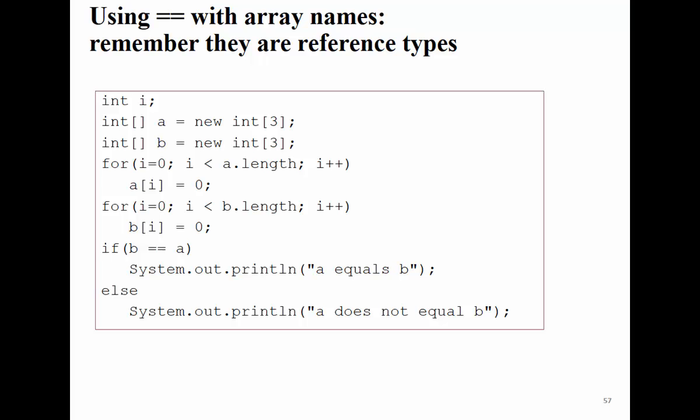We can see that both P and A have their own content, and yes, the content is zeros. But they have different references, different memory addresses. So when I check if A is equal to P, I will end up with false, because they are stored at different addresses in memory. So this reference equality will end up with not equal.